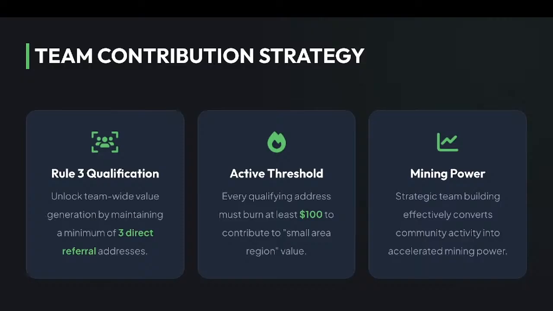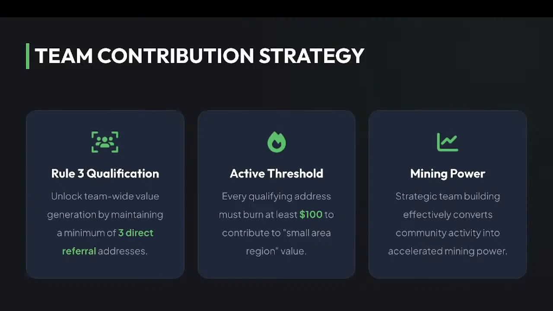The second major concept is the activity requirement. Simply having 3 referral addresses is not enough if they are completely inactive or empty. Every single one of these qualifying addresses must execute a minimum burn of $100.